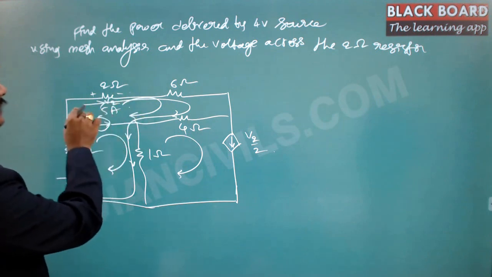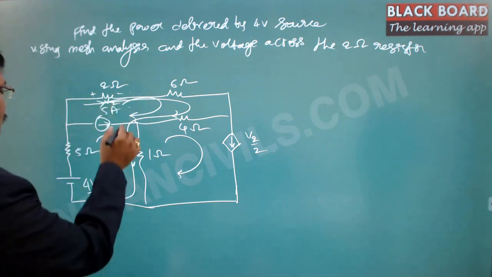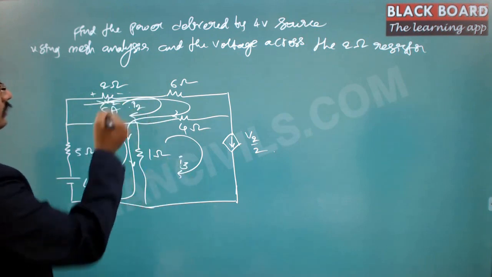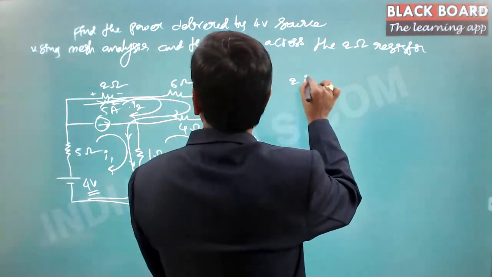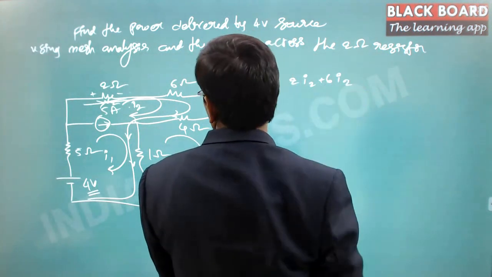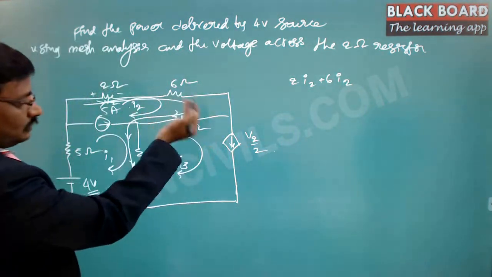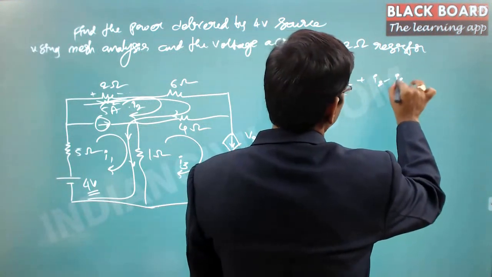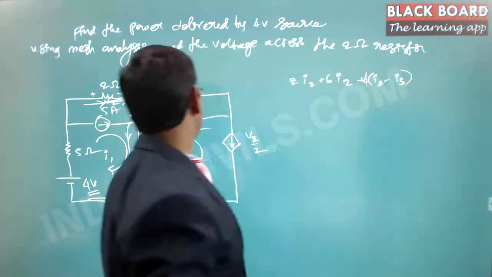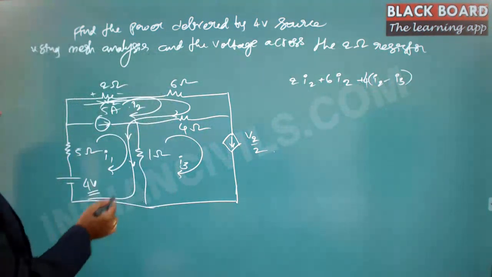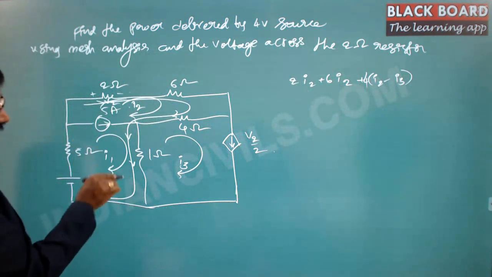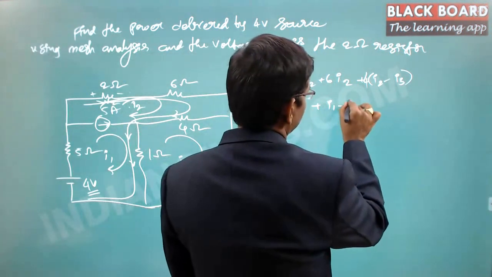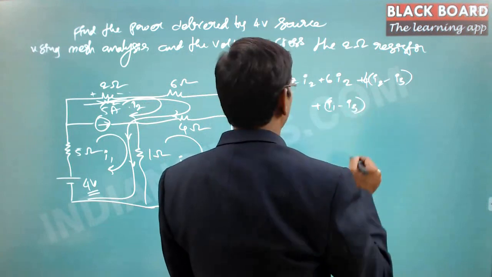Let us call these currents I1, I2 and I3. Then 2 times I2 plus 6 times I2, and then I2 is passing through like this and I3 is the other side, so plus I2 minus I3 times 4. And in the downward direction, I1 is downward and I3 is upward, so plus I1 minus I3 times 1 ohm.